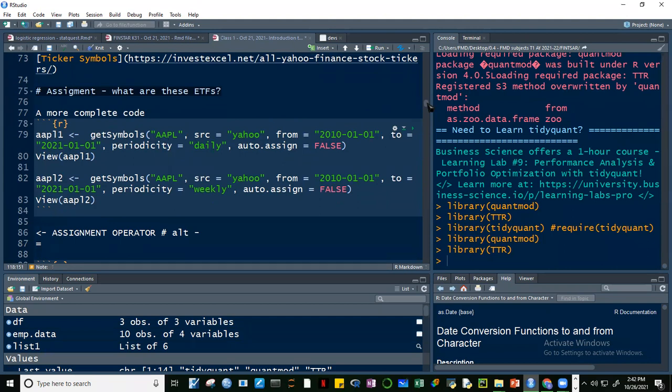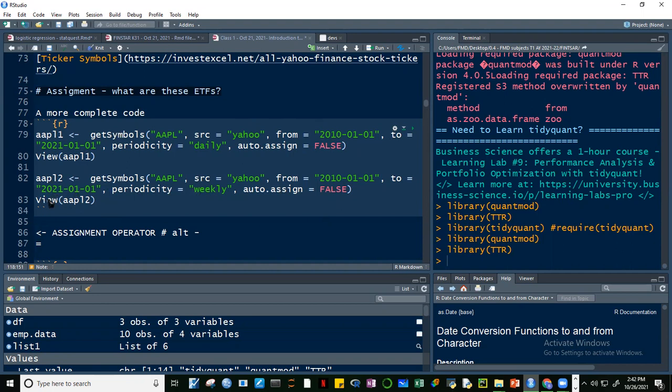Okay, but if you want a more specific download of data, for example, for Yahoo Finance the default start will be January 1 or January 3, 2007, I think. But if we want to download a date other than that default date, we can use the from and the to arguments.